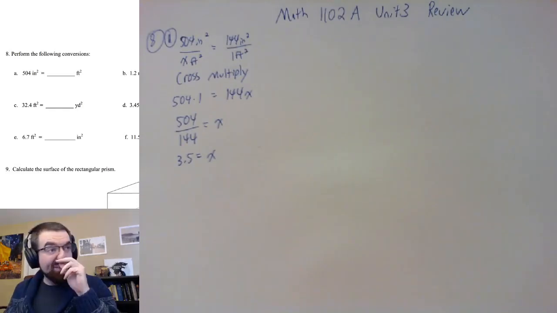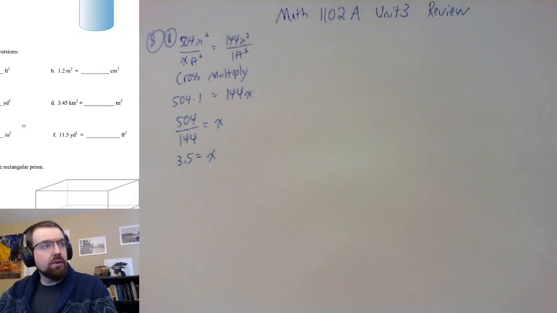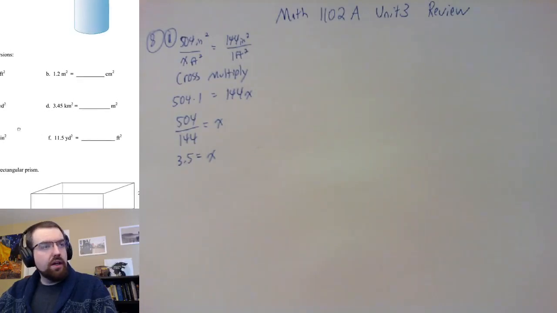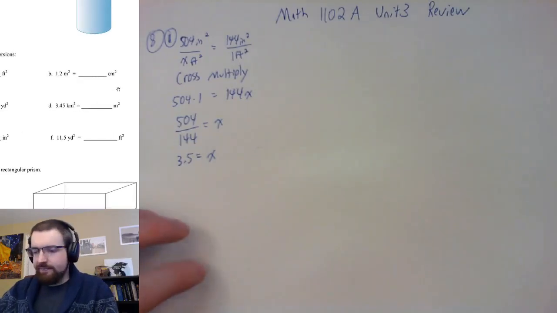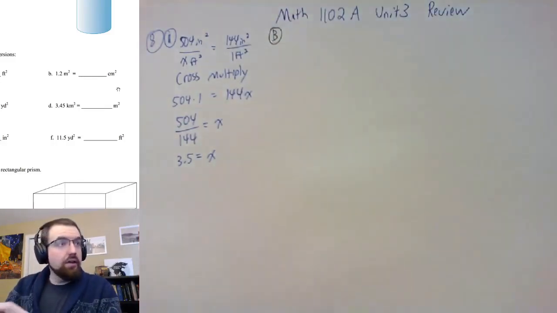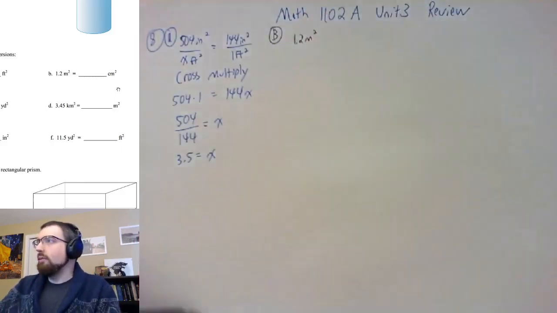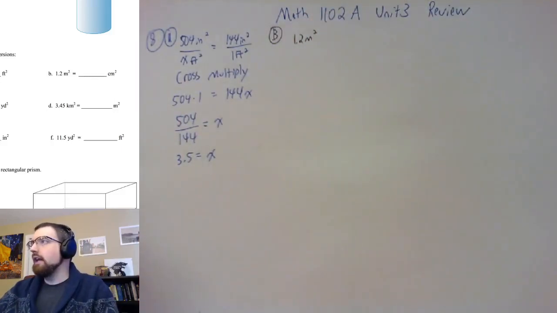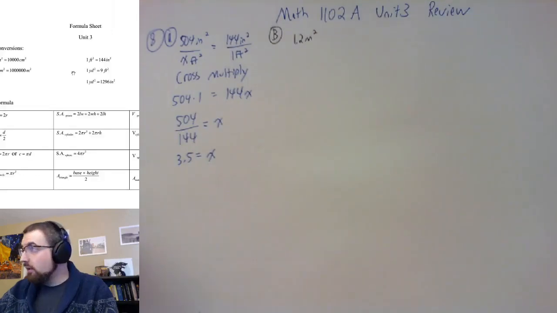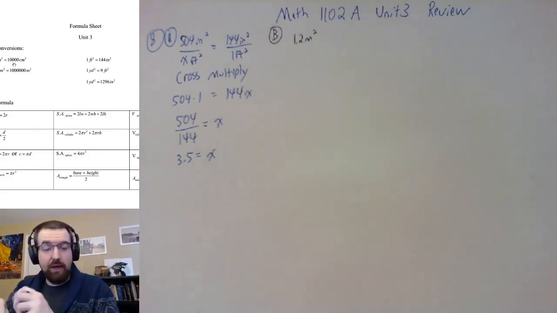I'm just going to go down through a few of these ones. Let me scroll on over. 1.2 meters squared equals some number of centimeters squared. Now let's go back to the formula sheet again and see what they give us for that. Oh, look at that. 1 meter squared is equal to, they tell us right there, 10,000 centimeters squared. Easy, right?